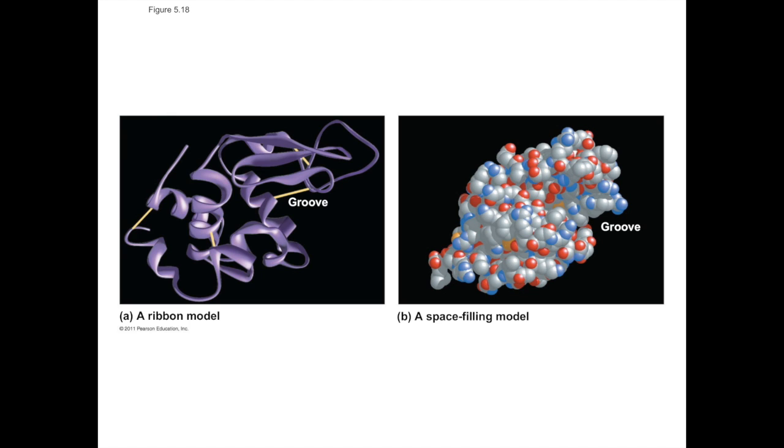So here's a couple of examples of how biochemists depict polypeptide chains. They really do kind of look like this, where they'll have these twists and turns, and this looks like it might be a fun roller coaster to go on.